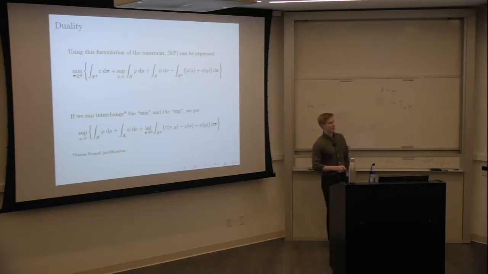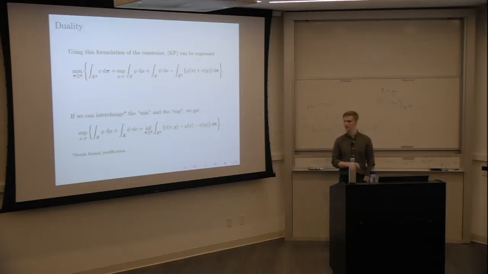But if we interchange the order of the minimum and the maximum here, by the way, this needs formal justification, and we'll mention a result later that provides the necessary formal justification, but you can't do this willy-nilly, right? You have to check that this makes sense.